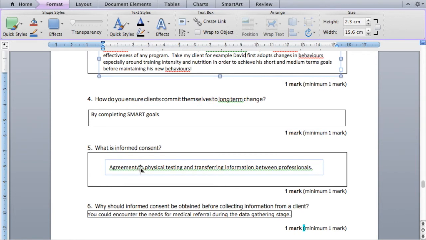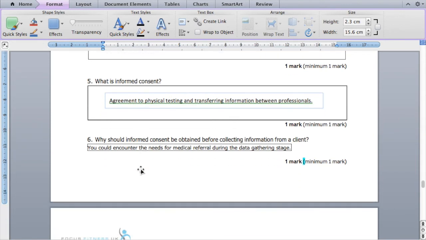What is informed consent? Well, informed consent is the agreement to physical testing and the transferring of information between professionals. The next question, why should informed consent be obtained before collecting information from a client?